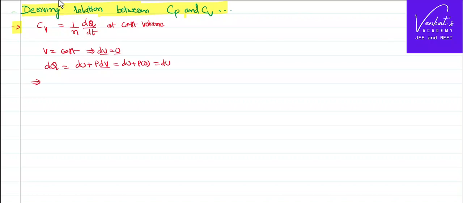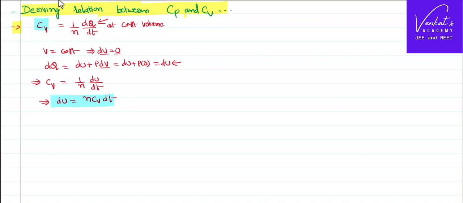So I can rewrite the definition of specific heat of a gas at constant volume as 1 by n, in the place of dq, I can write du by dt. From here, I can write du equal to n Cv dt. This is one expression. We'll use this later basing on the definition of Cv.